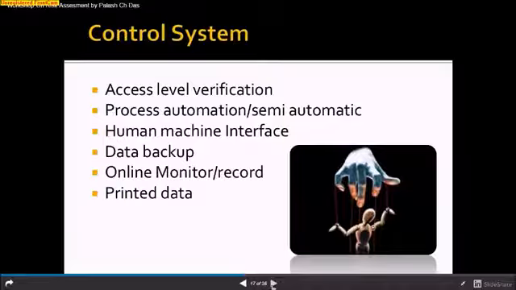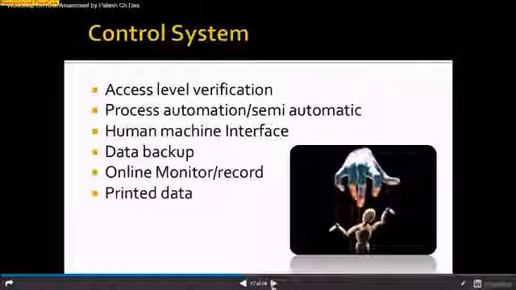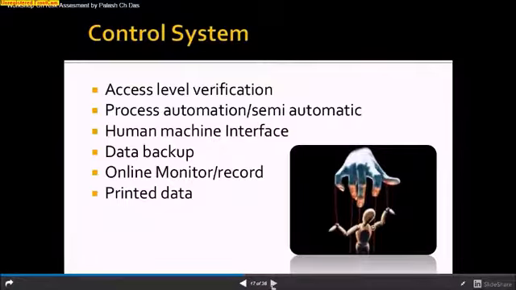Online monitoring and records: how do you monitor the records online? And printed data: how do you want the data to be printed? Sometimes in certain cases we need a checked-by sign, a done-by sign, a company logo. That needs to be designed and proposed at the initial level. Otherwise you will struggle. Once you procure the machine and then propose the changes, it will hamper our productivity.